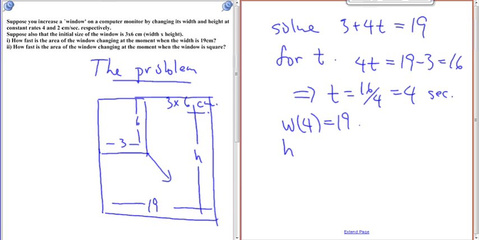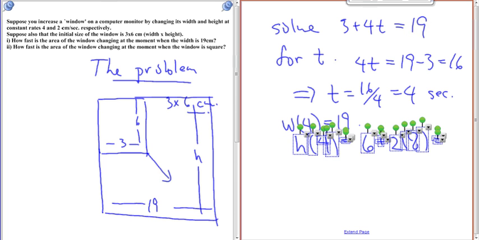Well, what's h at that same time? H at 4, remember that's 6 plus 2 times 4.